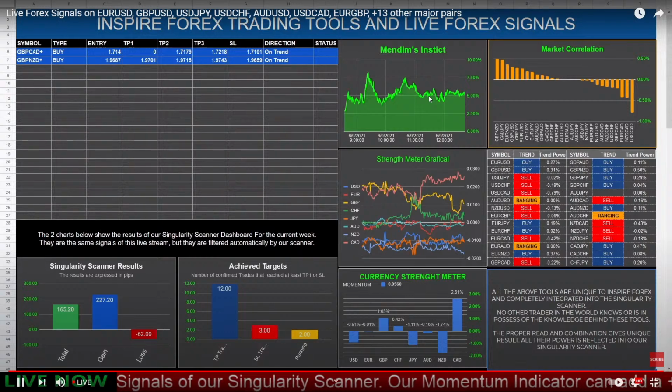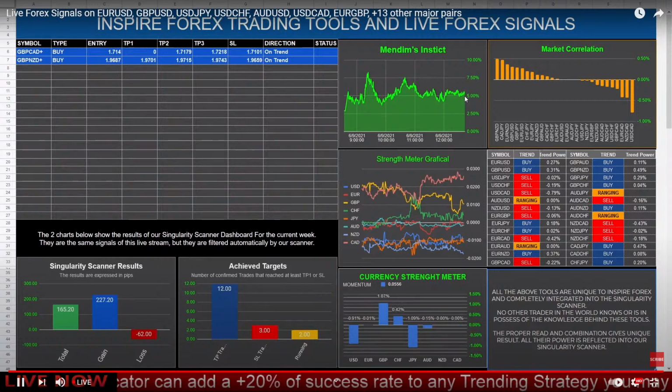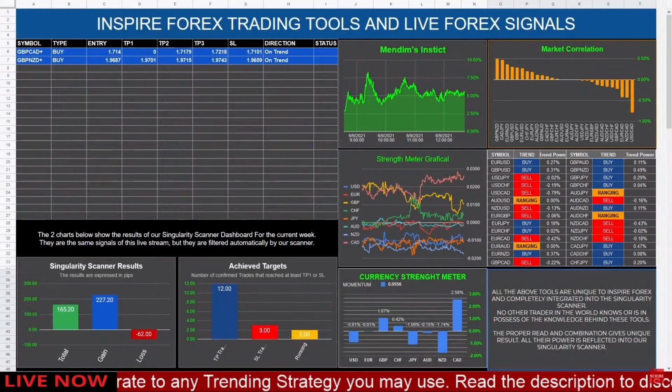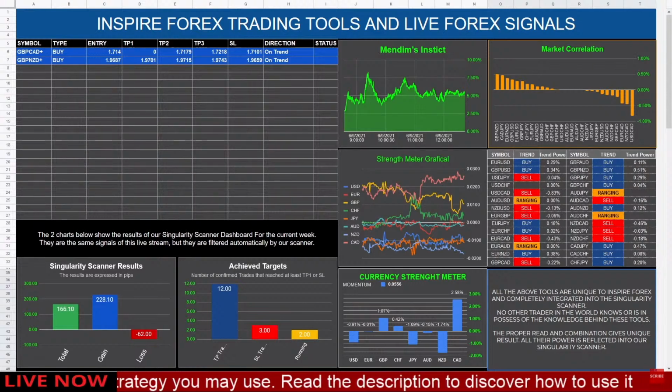Now, something else I would recommend is to start trading when this indicator is above 4.5 or 5%. Why? Because under 5%, it generally shows very quiet moments of the markets.